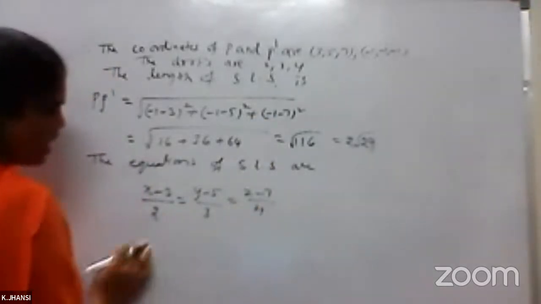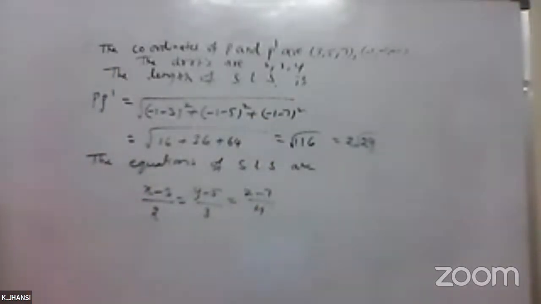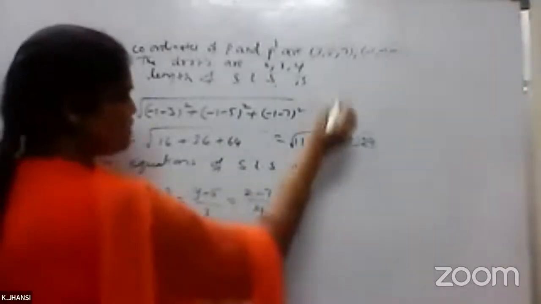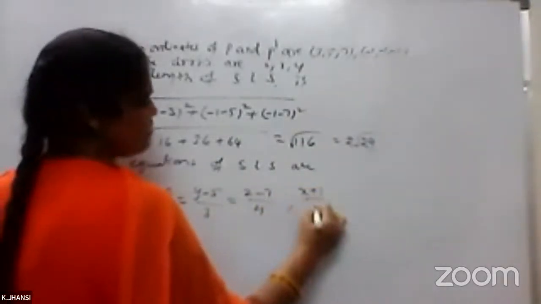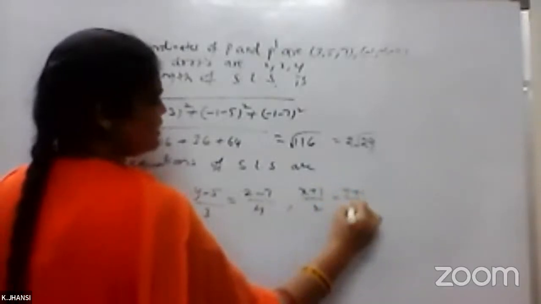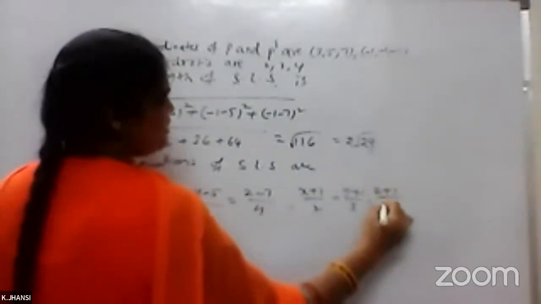So almost one line equation will be given in your textbook. You can write either with the help of the second point also: (x plus 1) by 2 equals (y plus 1) by 3 equals (z plus 1) by 4.